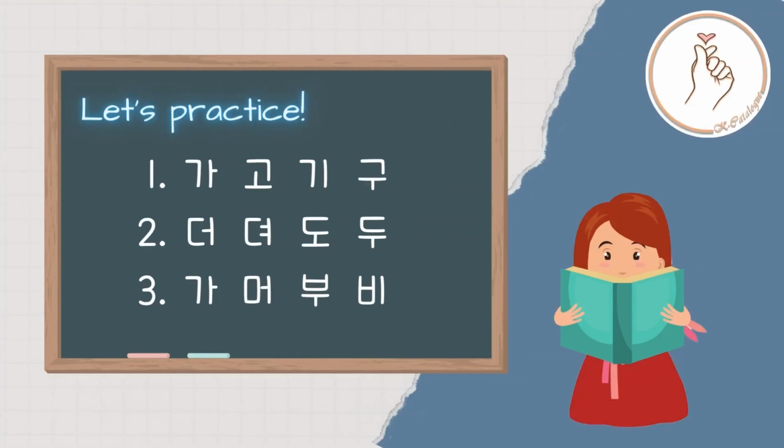Now let's practice. I'll be reading from left to right, so all you have to do is repeat after me. Number 1, ga, go, gi, gu. Number 2, da, dia, do, du.